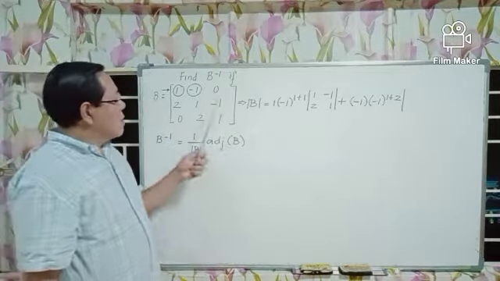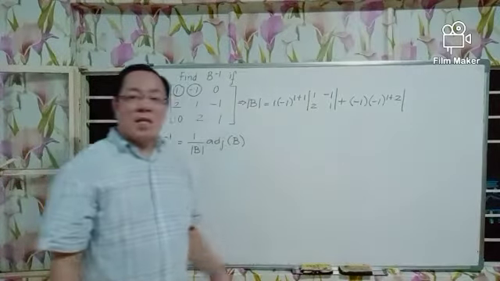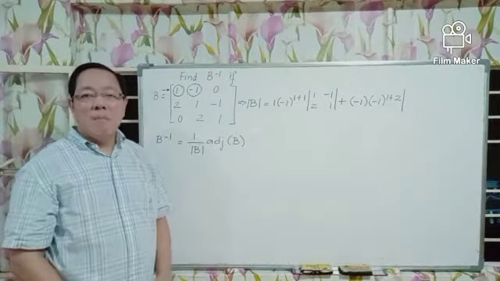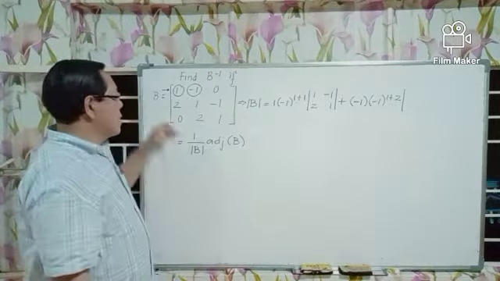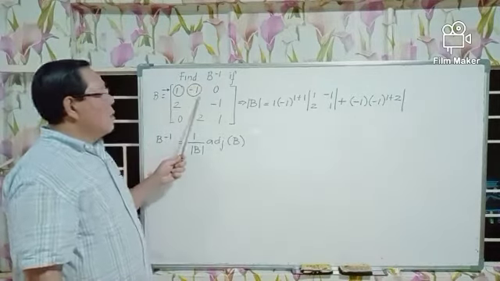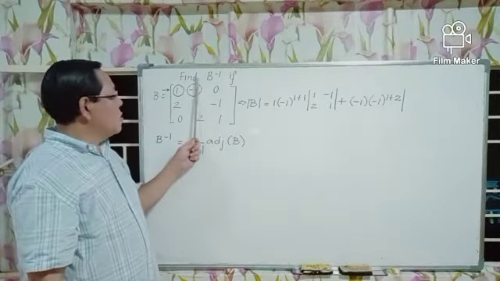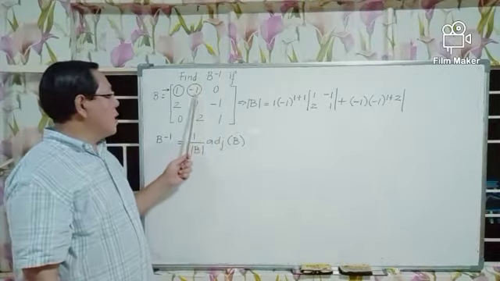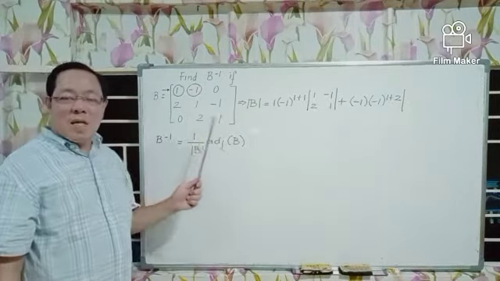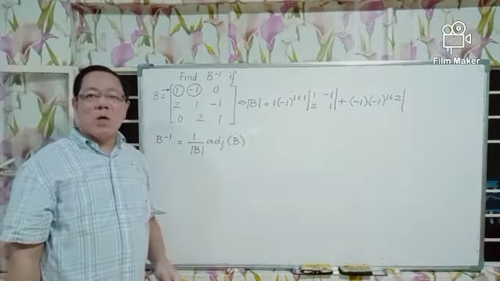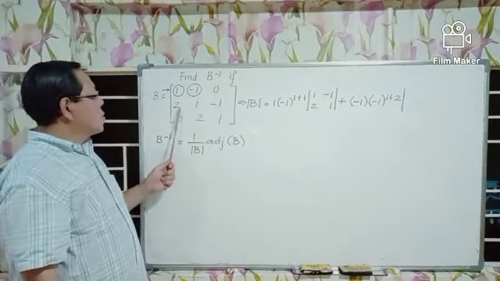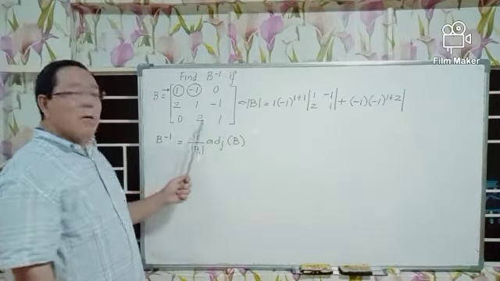And this we multiply by the determinant that remains after deleting row 1, the row where minus 1 belongs, and column 2, the column where negative 1 belongs. And the remaining determinant is a determinant of order 2 with entries 2, minus 1, 0, 1.